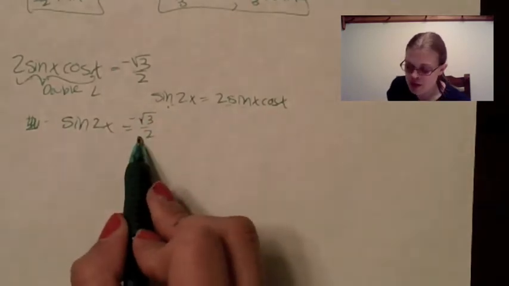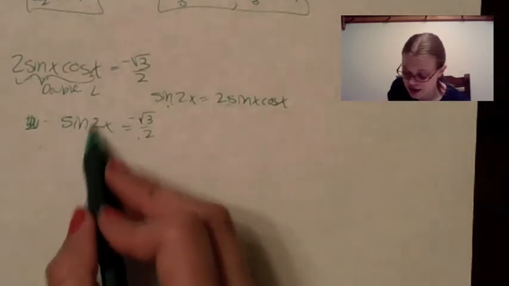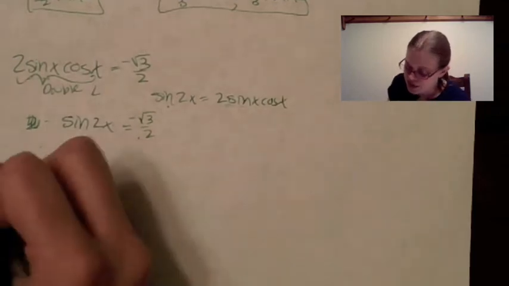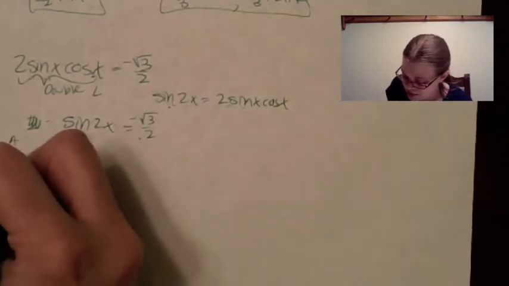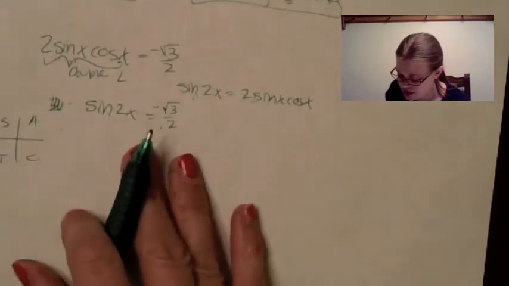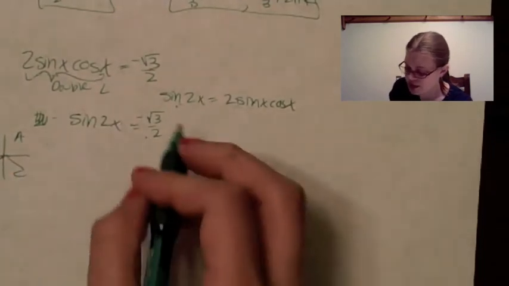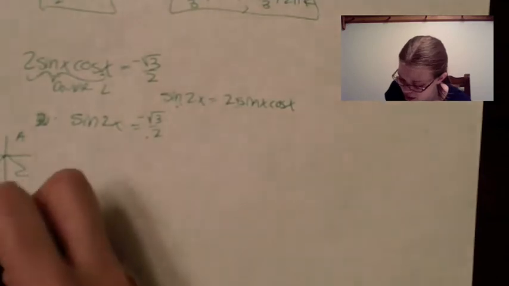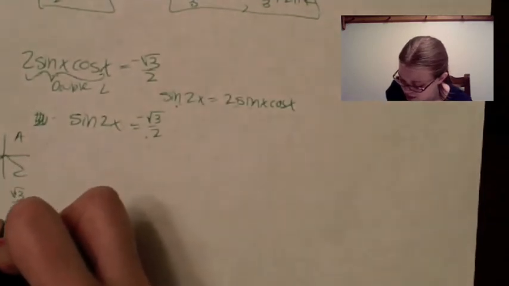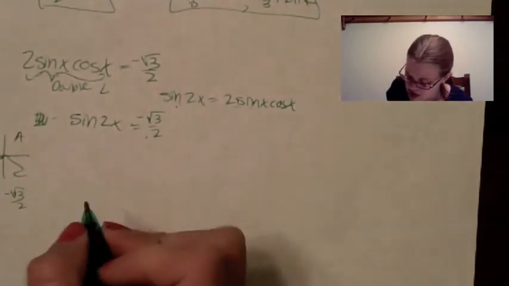And then this is like the problem that we did a little bit earlier where I have a multiple angle. The sine is positive in the first and second quadrant, which means it's going to be negative in the third and fourth quadrant. Since the sine is the y value, my y value is √3/2 and it's negative.